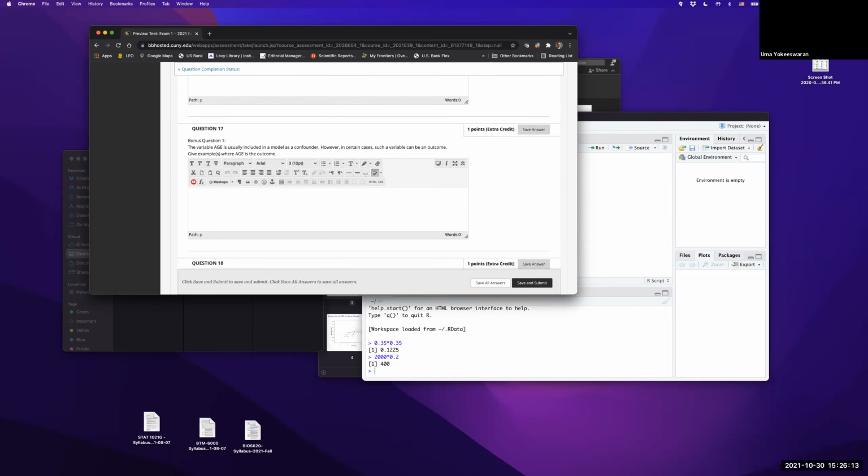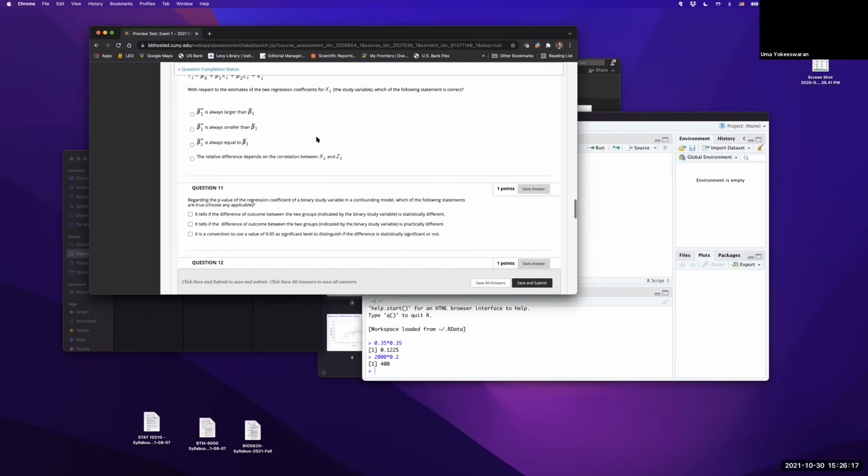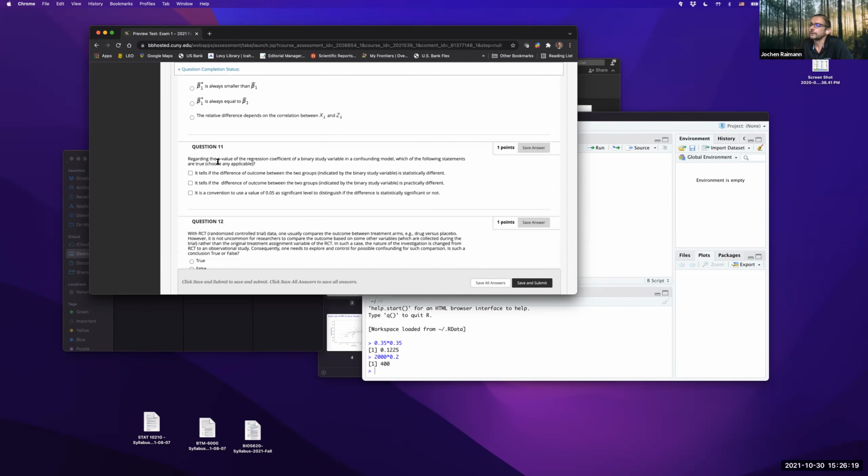Can you review 11? 11, yeah. Okay, regarding the p-value of a regression coefficient of a binary variable in a confounding model, which of the following statements are true? It tells the difference of outcome between the two groups. It tells if the difference of outcome between the two groups is statistically significant.